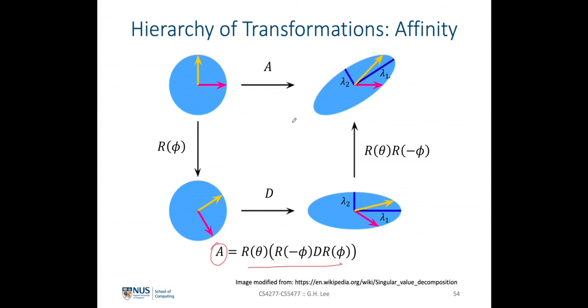What it simply means here is that if I have an original axis over here, which is denoted by this particular diagram, after the affine transformation of applying A on it, this is what it's going to become. It's going to get skewed in the two directions over here, as well as it's going to be rotated at a certain angle over here.